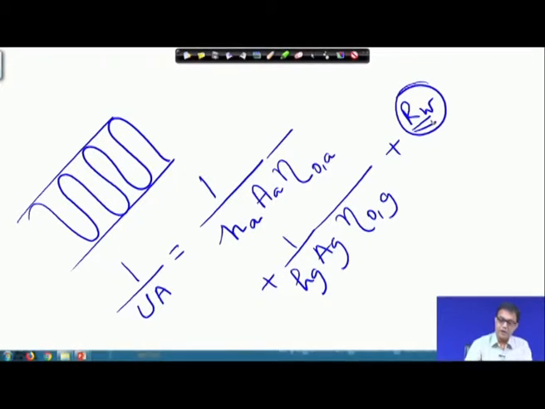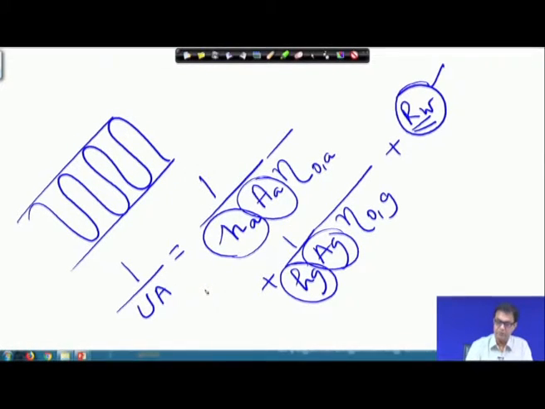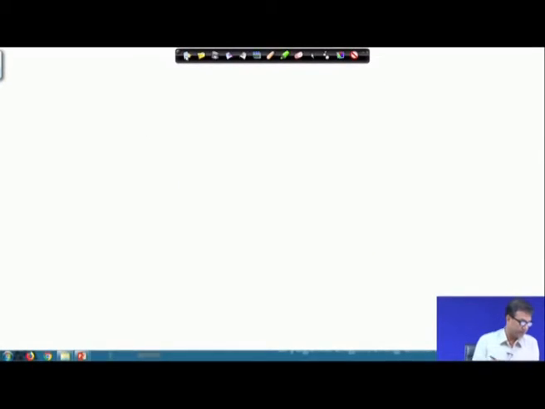For the wall we will come later. We have already evaluated h_A, A_G and h; all these parameters are known, and we now need to find the overall efficiency for the gas and air side. For that we need to calculate m.